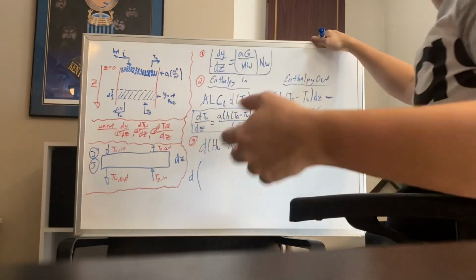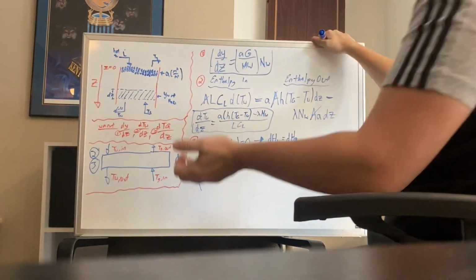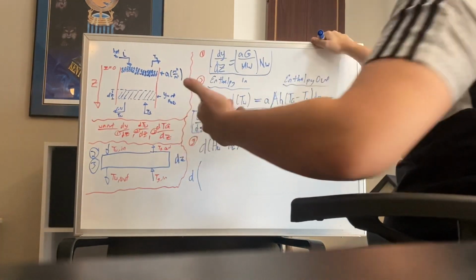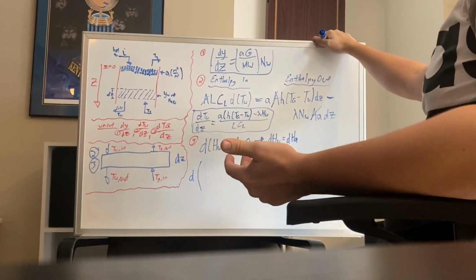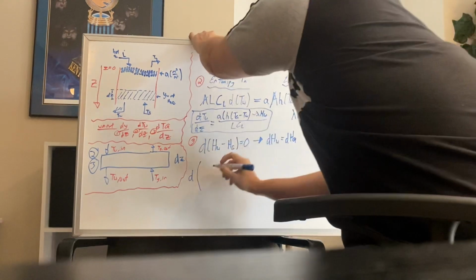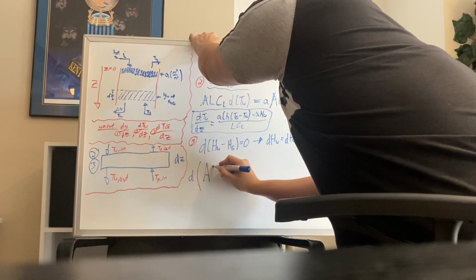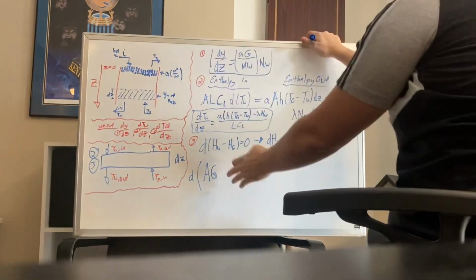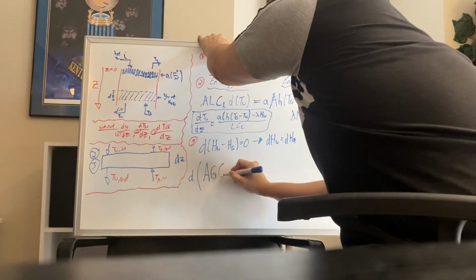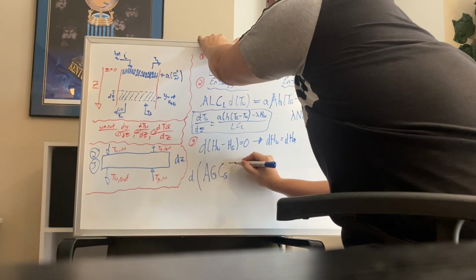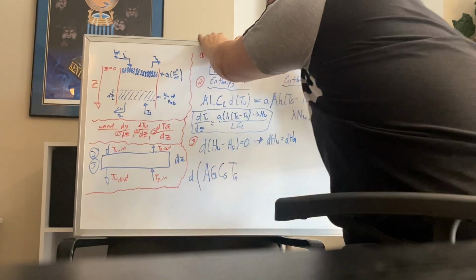And this will then allow us to solve for this differential right here, the differential of the temperature of the gas over the differential of where we'll be moving inside of this. And so this is going to be multiplied by the cross-sectional area multiplied by the gas flow rate here, also multiplied by the heat capacity of the gas and the temperature of the gas that'll be flowing in.